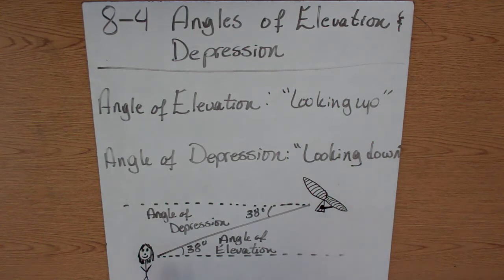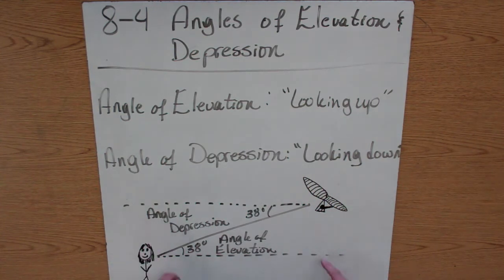If they're looking up at the hang glider at a 38-degree angle from the horizontal, and that's important when you're dealing with angles of elevation and depression, it's always from the horizontal. So if they're looking up at the hang glider at an angle of 38 degrees above horizontal, since they're looking up, that's an angle of elevation.